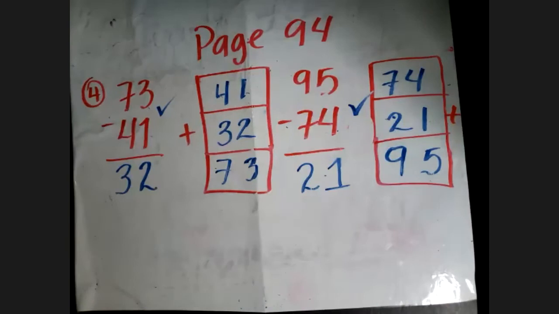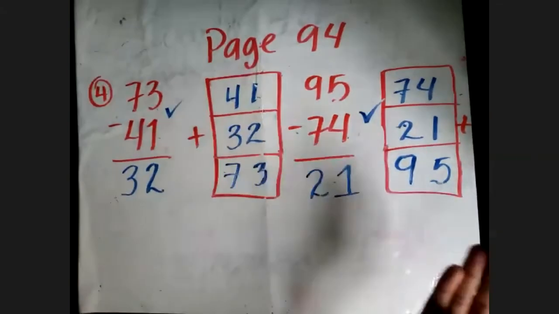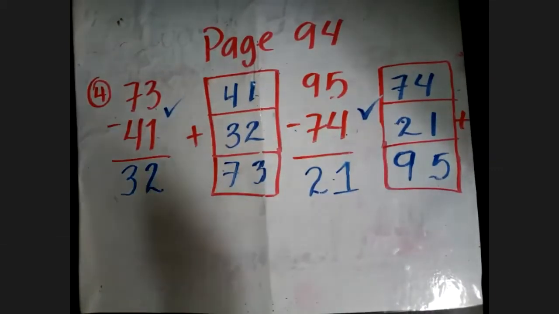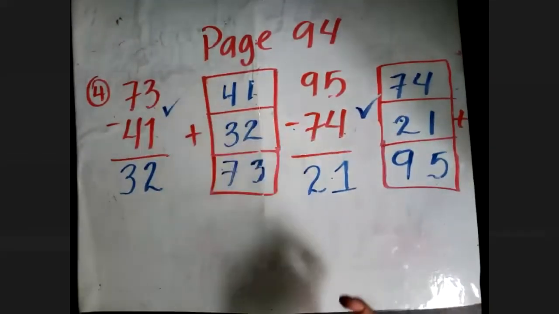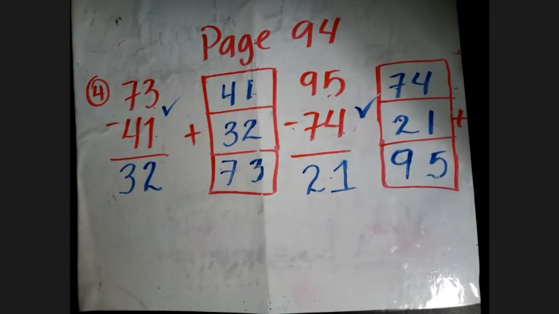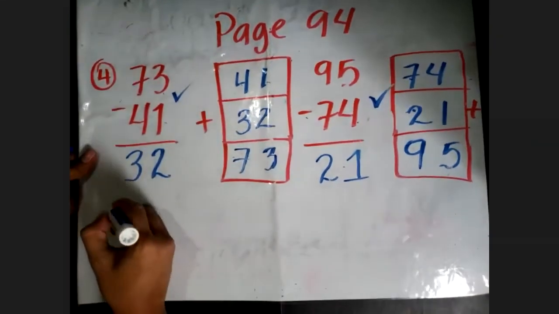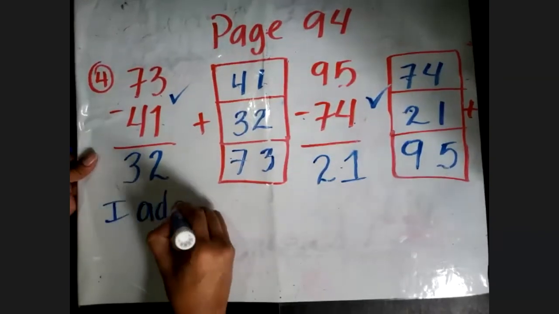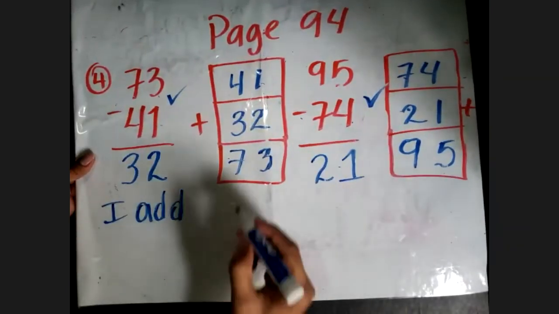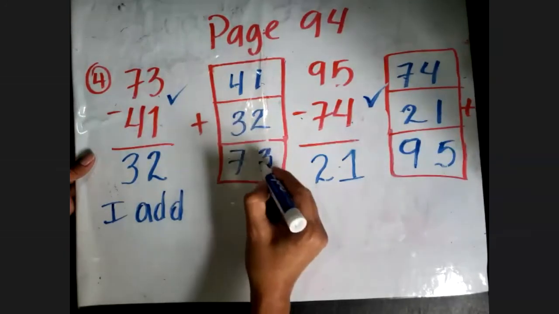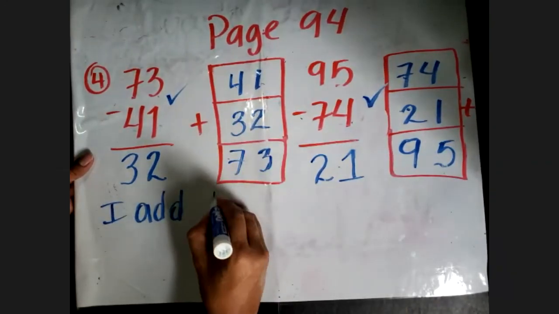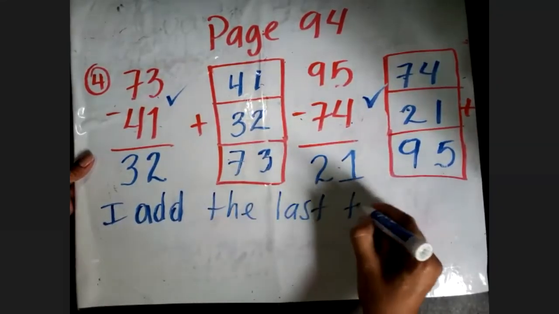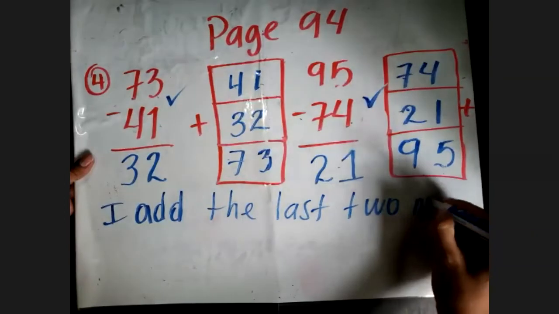Listen carefully. So how do we check if a subtraction is correct? What do we do? Okay, so look at it. How can I check if my answer is correct? You're going to write: to check if my answer is correct, I add the last two numbers.